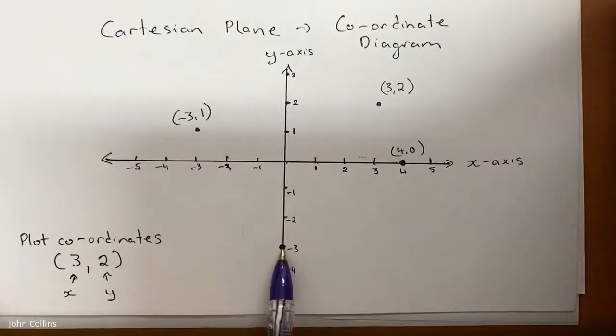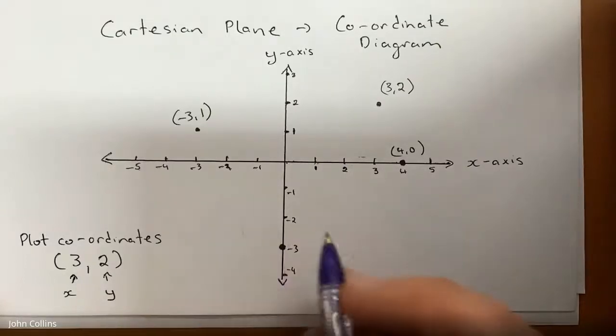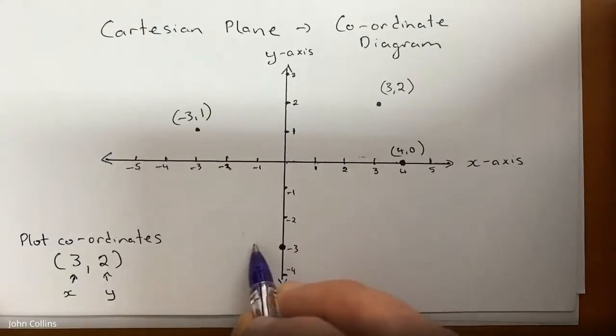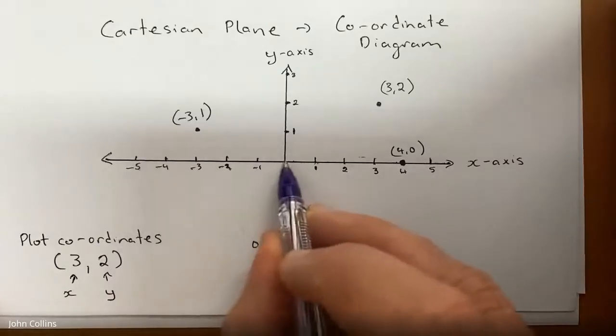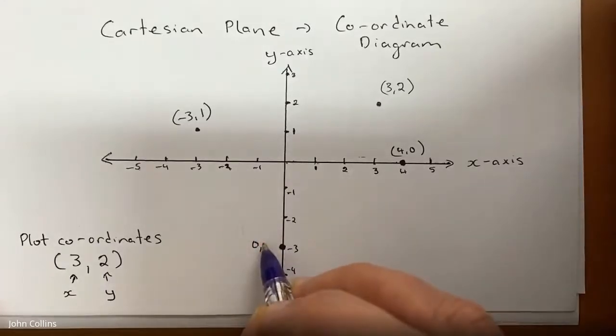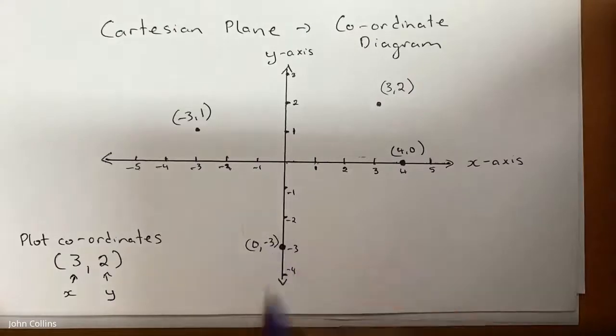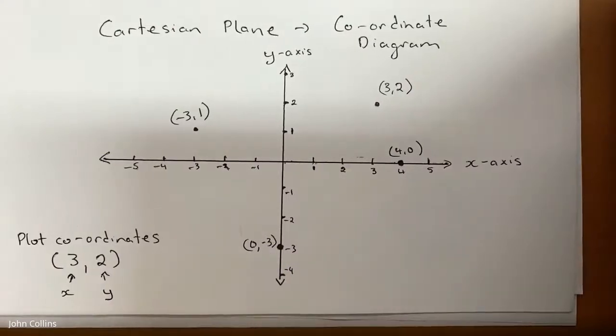It is 0 on x, because it hasn't gone anywhere on the x-axis. It's in the middle, but it's down 3 on y. Okay, (0, -3).